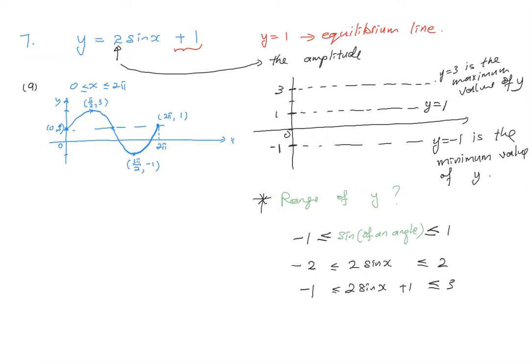Okay, the question, part B: they want you to find the area between the x-axis and the part of y equals 2 sin x plus 1 that is below the x-axis. So you are supposed to get this area.